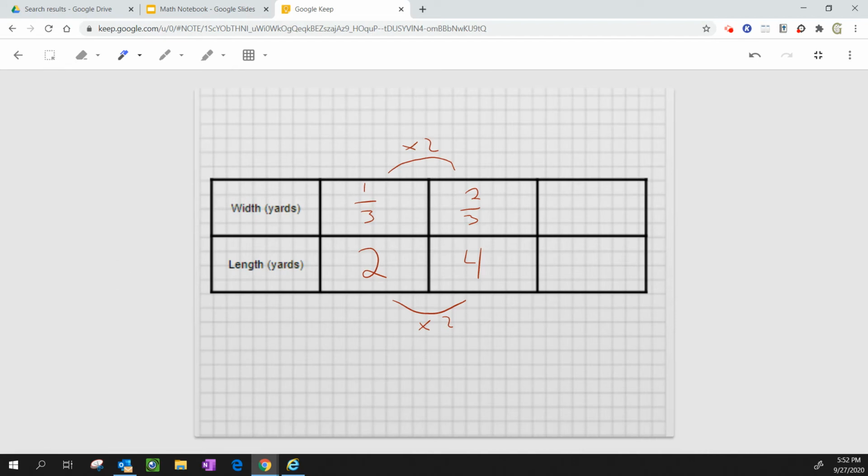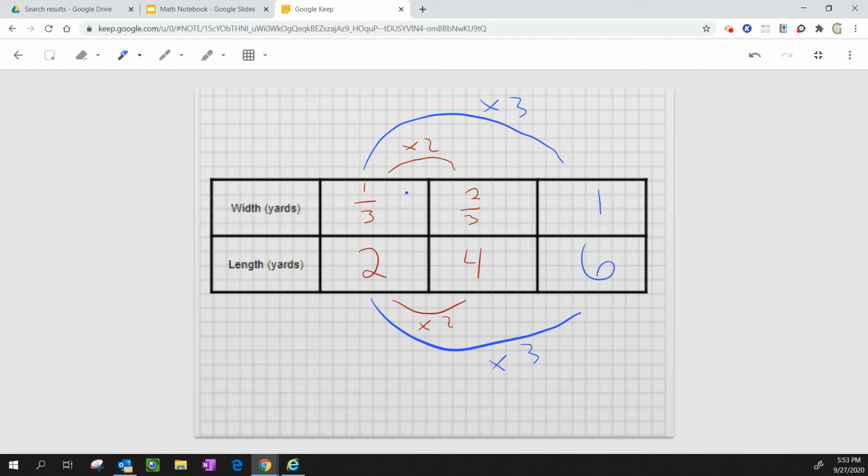Let's try times 3. 1/3 times 3, on my calculator I can go 1, ABC, 3 times 3, and that gives me 1, because really what we have is 3/3, and 3 divided by 3 is 1. So down here I'm going to do times 3, and 2 times 3 is 6. That's going to be the basic idea.